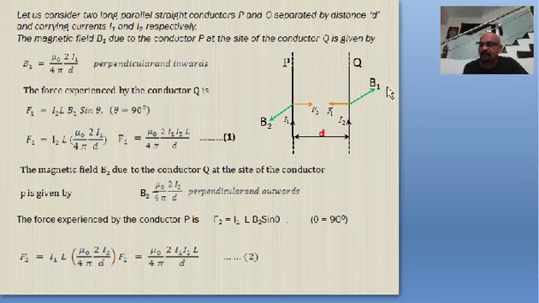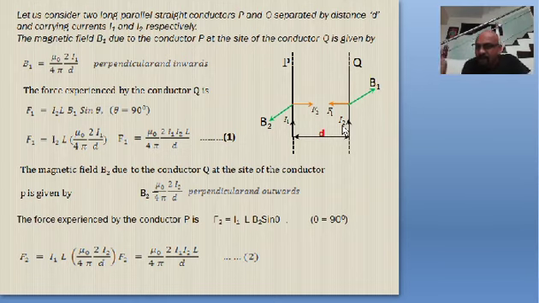Please understand, B1 is the magnetic field near the second conductor, but due to the first conductor carrying the current I1. So B1 is the magnetic field produced at the site of the second conductor Q due to the conductor P carrying the current I1. That is B1, remember. So I think now you have clarity.